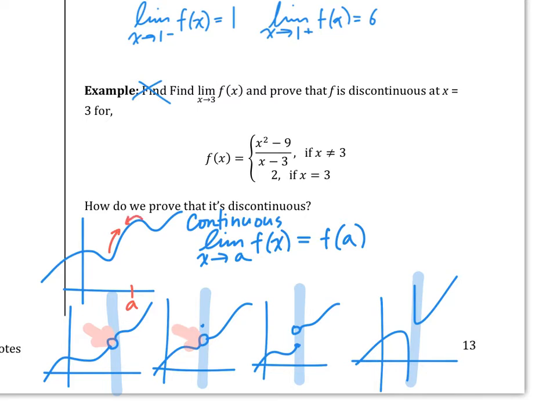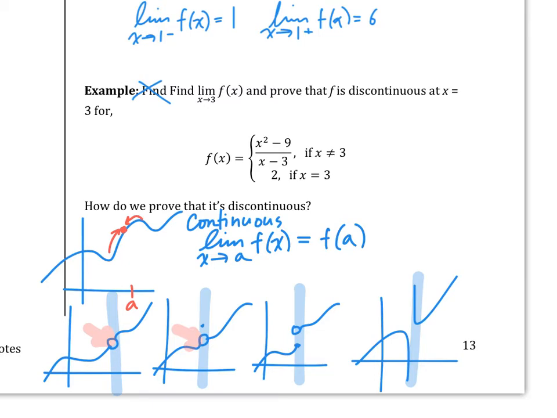There's a limit because they're going to the same point. And it's continuous because the number it's going to is also the same number that the graph actually has, an actual point that exists there, right? The same exact number. So then we would call this continuous. Okay? Now, that's great. That basically proves continuity.